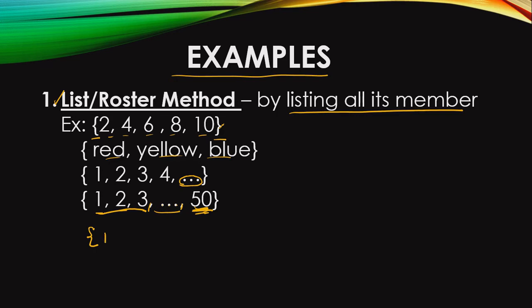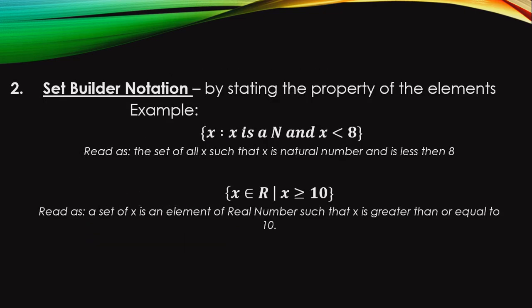The first term for that is 1. So 1, 2, 3, comma, and then 3 dots, and then another comma, and then the last element is 1,000. So that's how you write elements using the list or roster method.